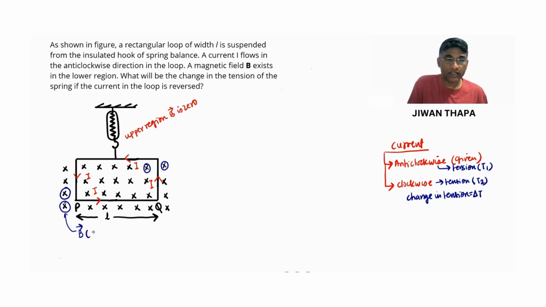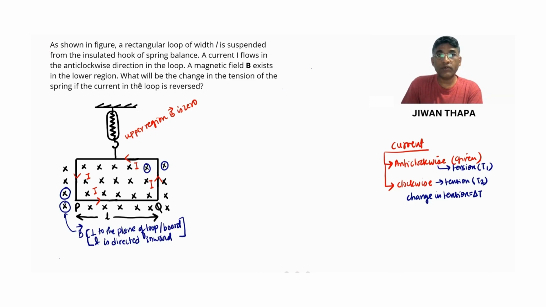So the magnetic field is perpendicular to the plane of the loop or board, and is directed inward.